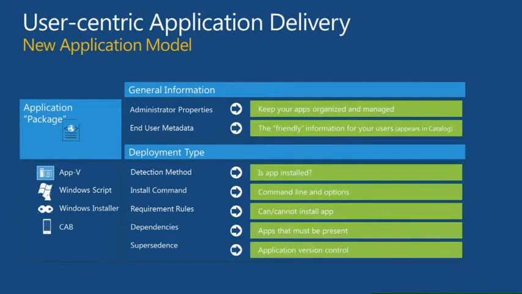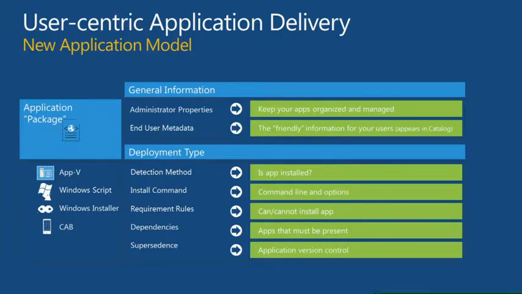And then the real building block of that application, what makes that application management dynamic, is the deployment type. The deployment type is something that an administrator builds when defining an app. The first thing is the detection method. This is net new in System Center 2012 Configuration Manager.